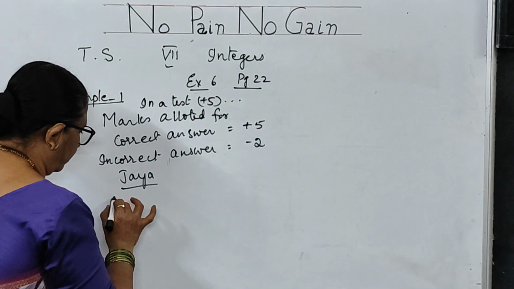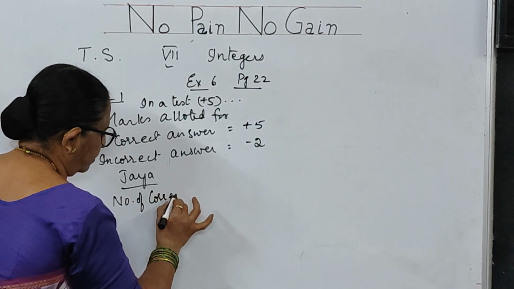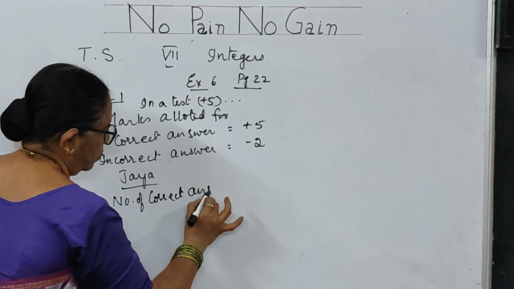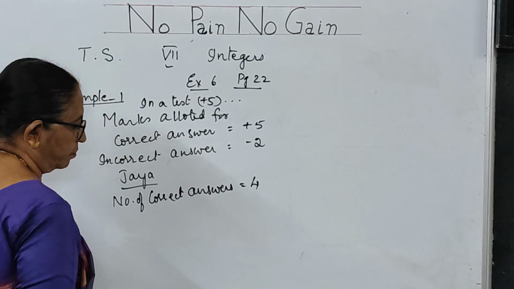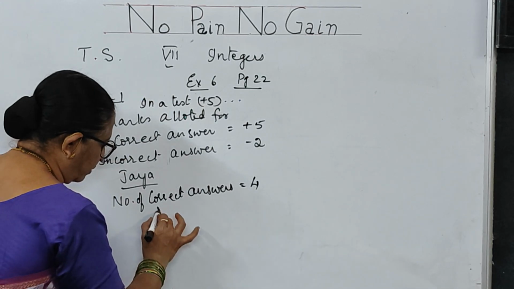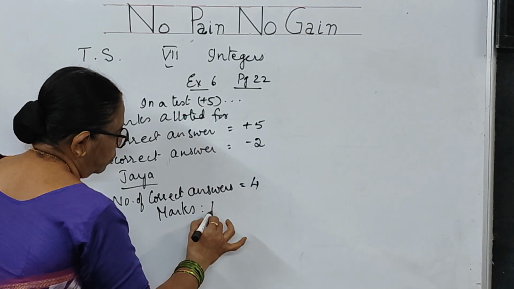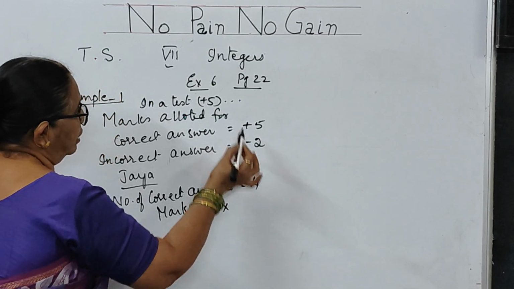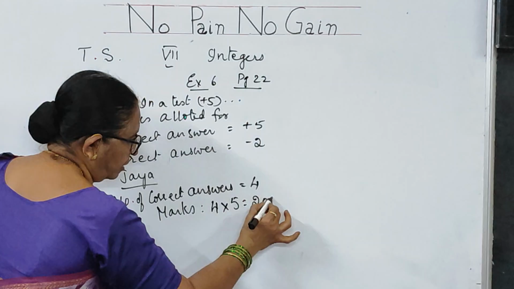Means the number of correct answers is 4. So what are the marks that she will get, children? 4 into each one gets 5. So total how many marks will she get?